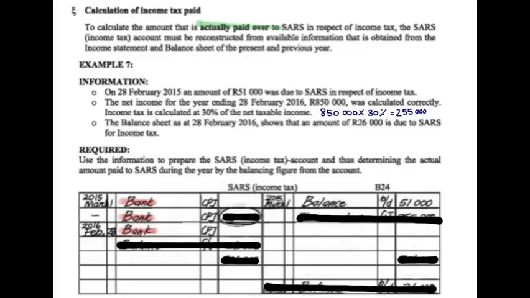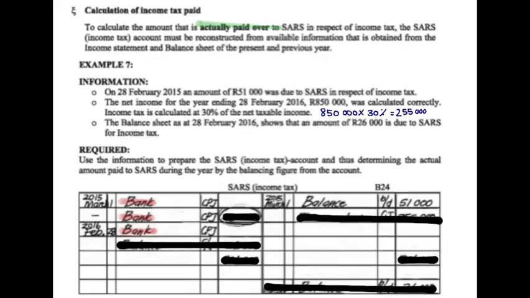Income tax is calculated at 30% of the net taxable income. So I work it out, 850 net income times 30% gives me 255,000 correct income tax expense.